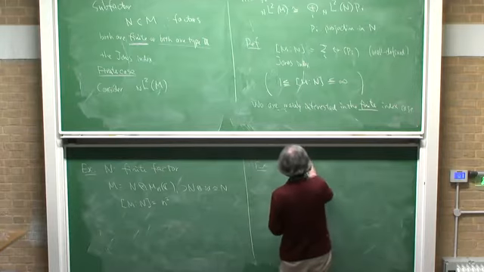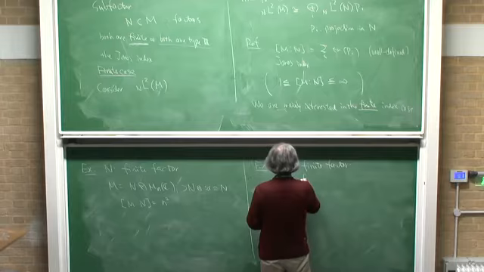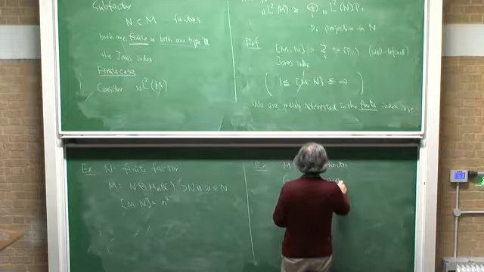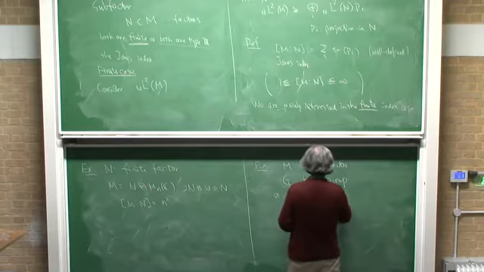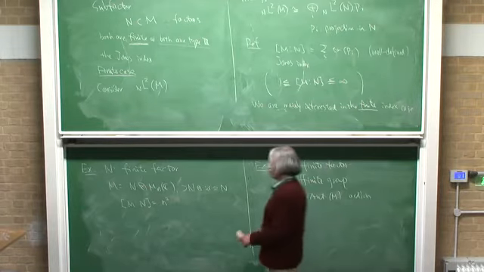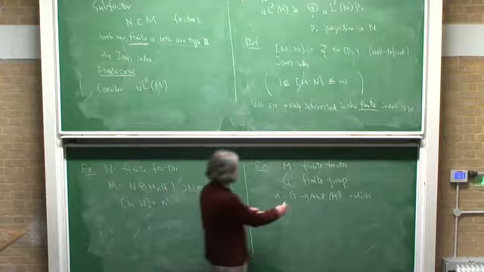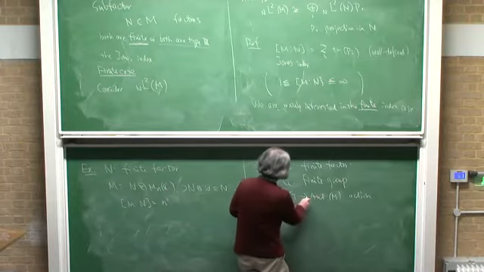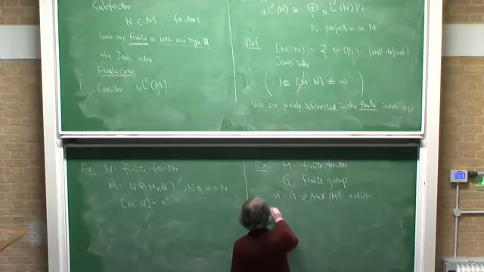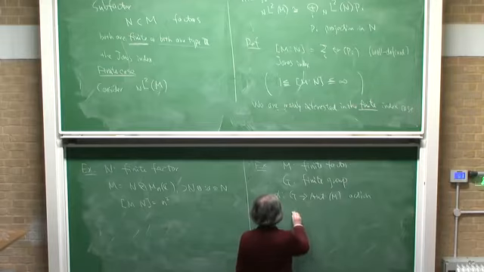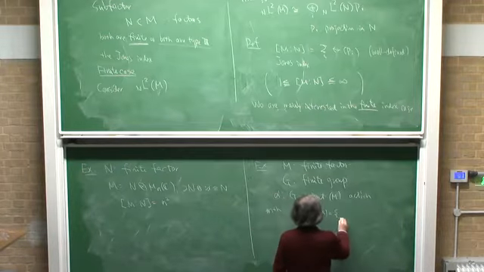M, the larger one, is a finite factor, G is a finite group, and alpha is an action of this finite group G, an automorphic action on M. That is, a group homomorphism from G to the automorphism group of M, and we assume that alpha_g is not an inner automorphism, which is of this form.